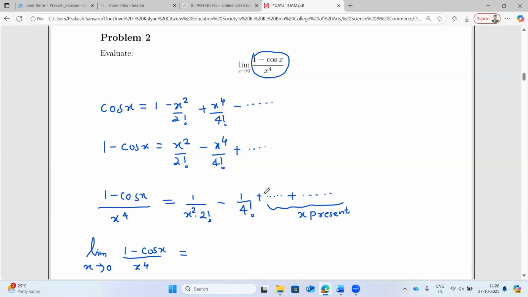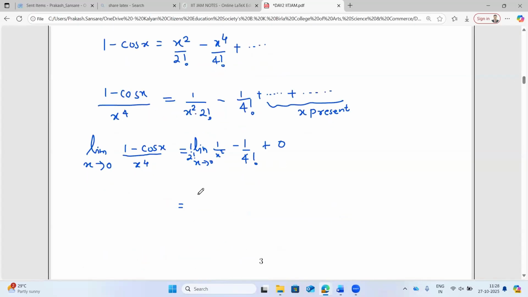When I substitute x equal to 0, this part will straight away be 0. This is minus 1 by 4 factorial. And I need to find out the limit as x approaches 0 of 1 upon x square, and this 1 by 2 factorial you may write outside.